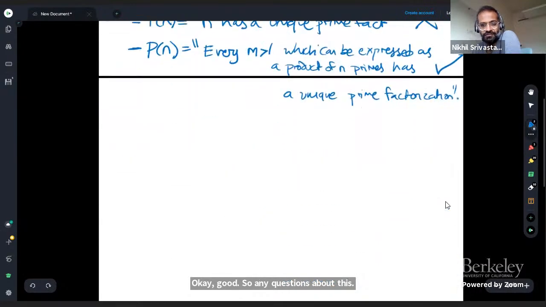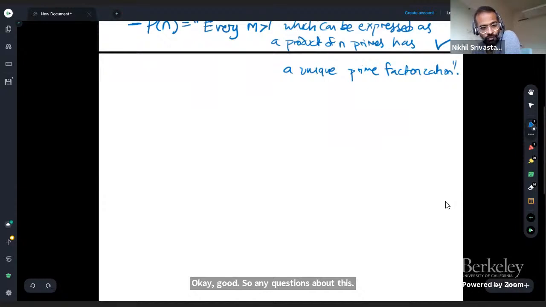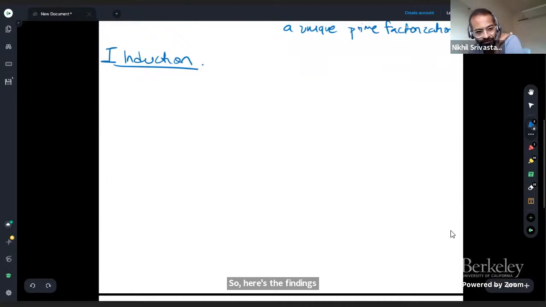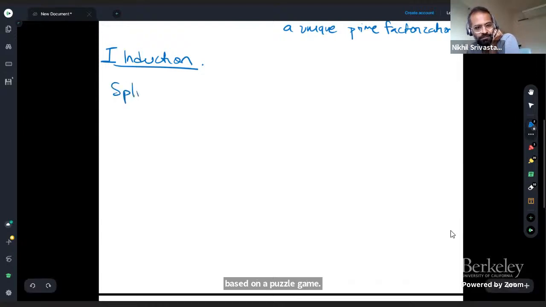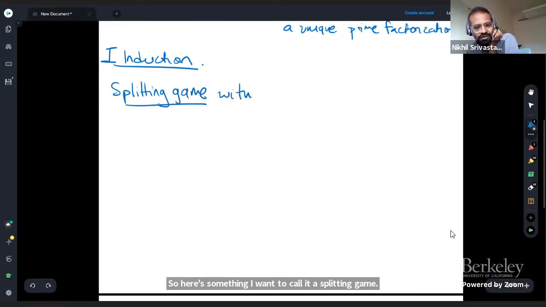Okay, let's do a few more interesting examples of proofs by induction. Here's a fun example, which is based on a game. Here's something I'm going to call the splitting game with n boxes. How is this game defined?